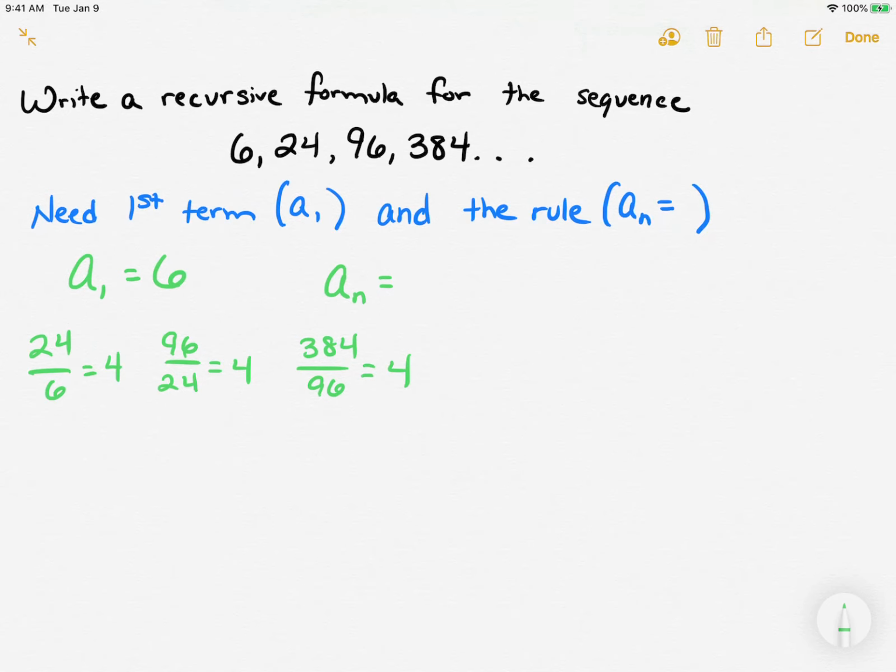So what is the rule here? I'm multiplying by 4 every time. What am I multiplying by 4 every time? The previous number. So the rule is 4 times the previous term, which is a_(n-1).